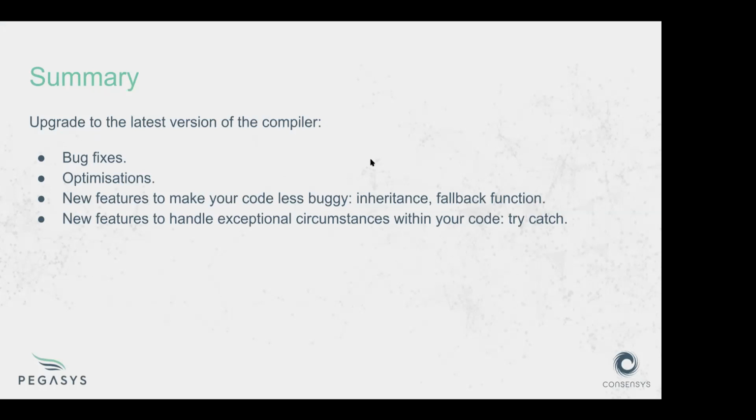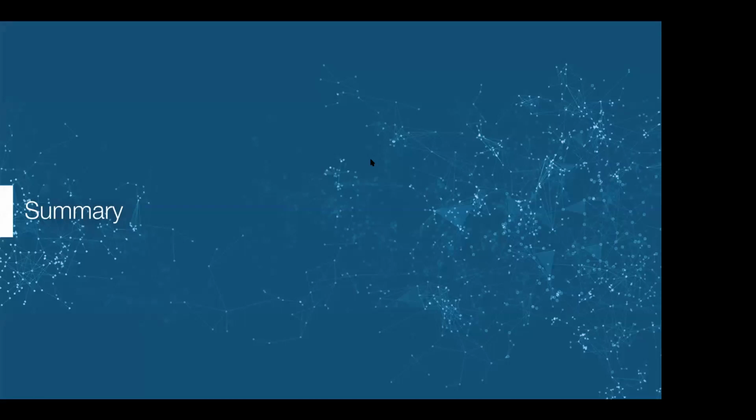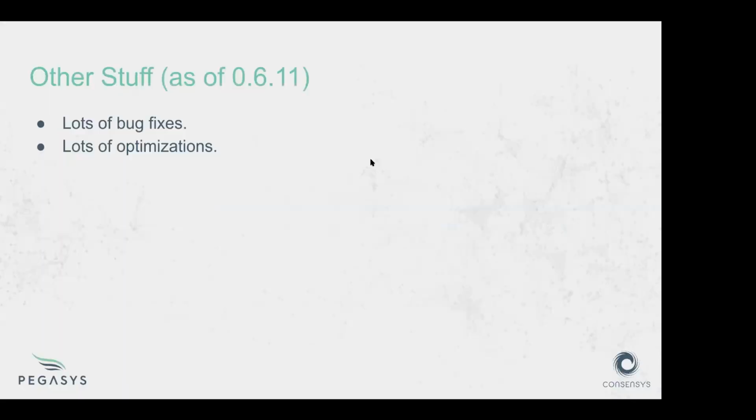The reason you want to use the latest version of the compiler, or any compiler, is that there have been bug fixes and optimizations put in, but in particular bug fixes. If the compiler that's taking your source code to the bytecode has a bug in it, that's not good, because then your bytecode's going to have a bug in it. So the most recent version is going to give you the best outcome.